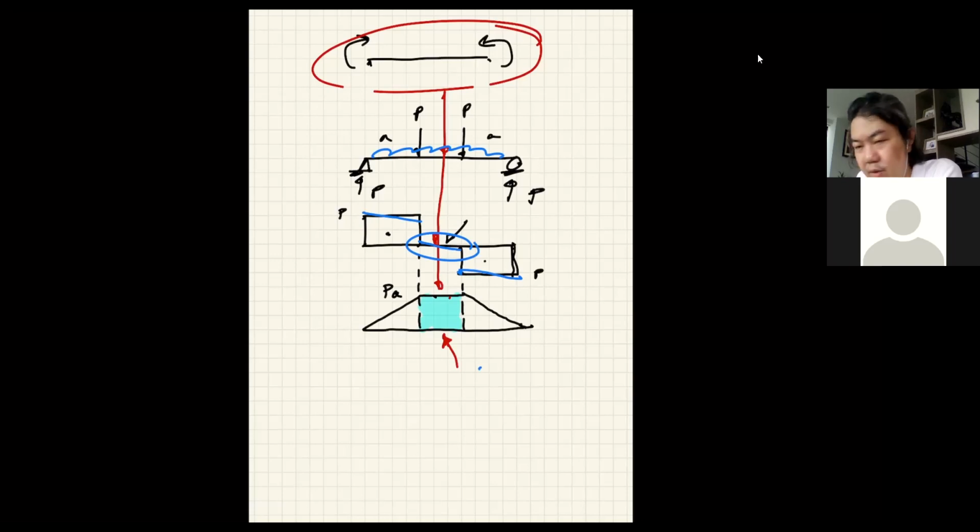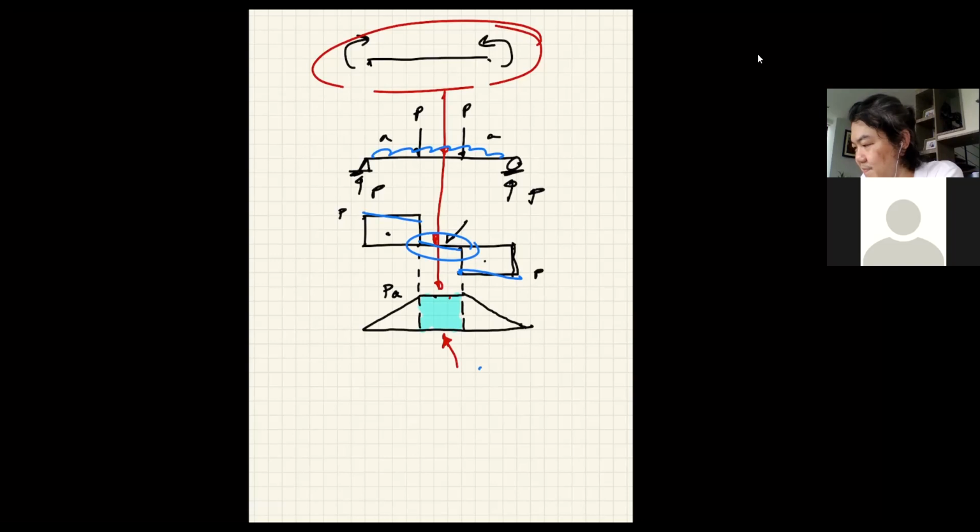We try to investigate the effect of moment on our materials. So this is the setup that we use to try to get the pure moment. Just one more thing, because you asked for this, so let me go off topic a little bit.